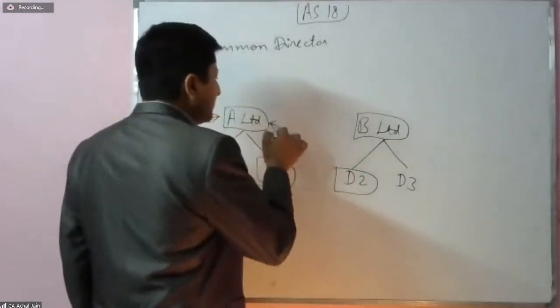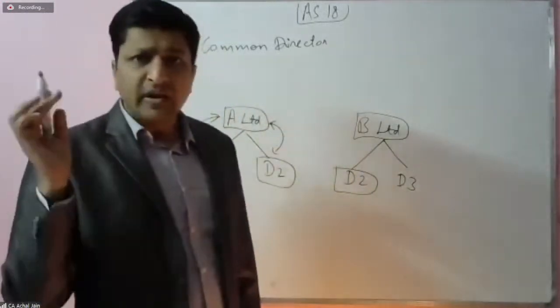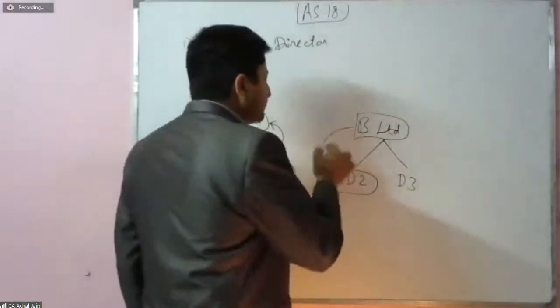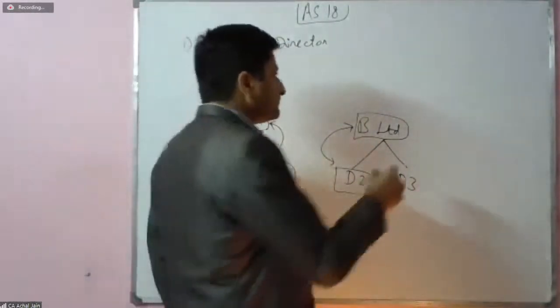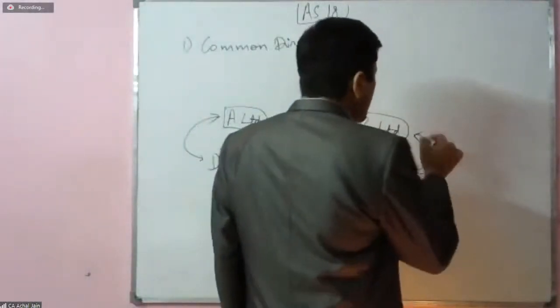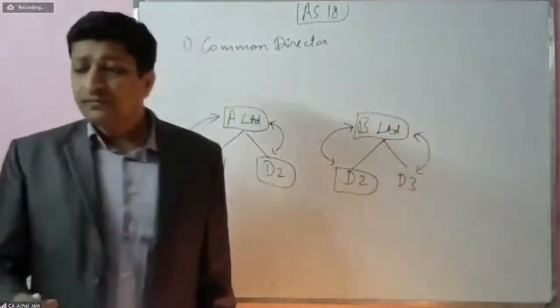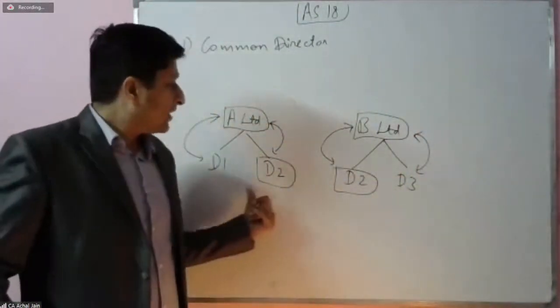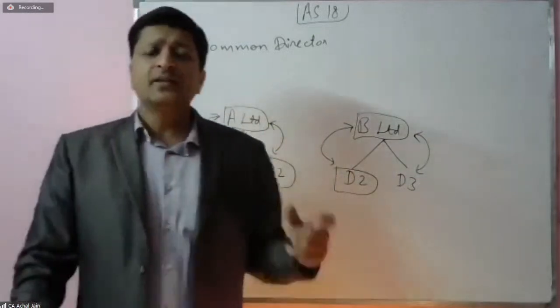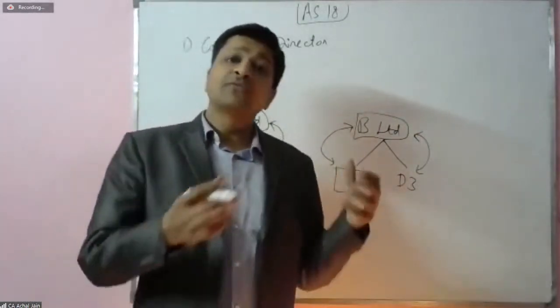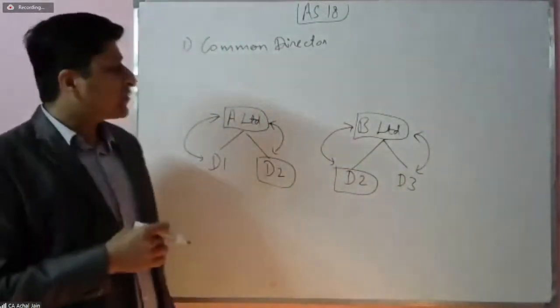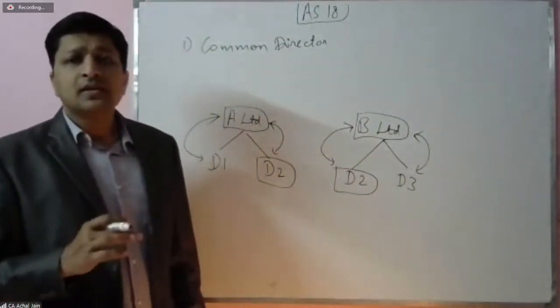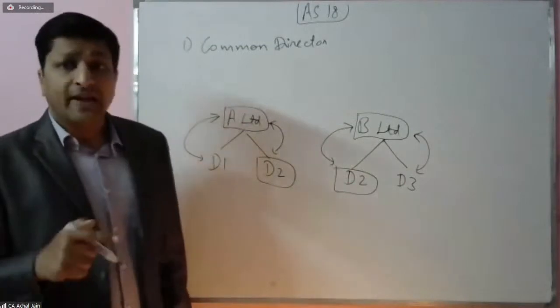These 2 will be related parties. These 2 will also be related parties. Correct? Why? Because D1, D2, D3, who are they? They are KMPs of the companies.